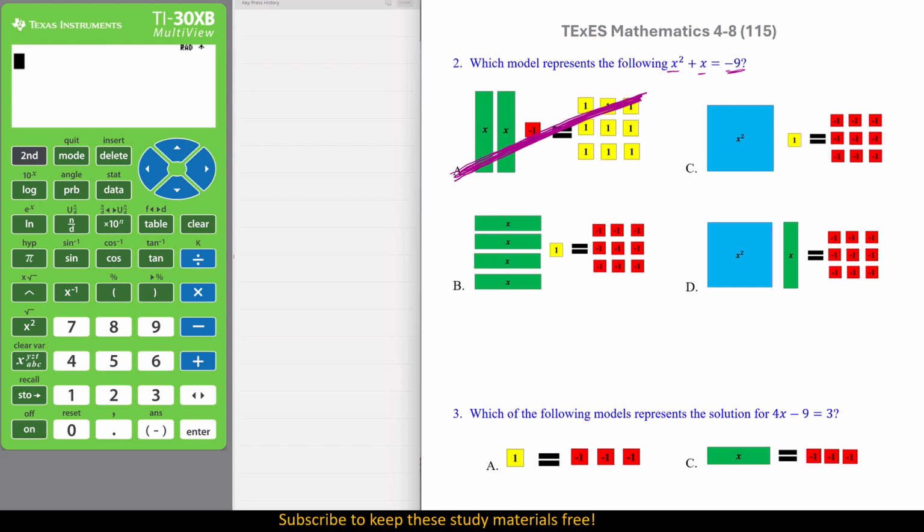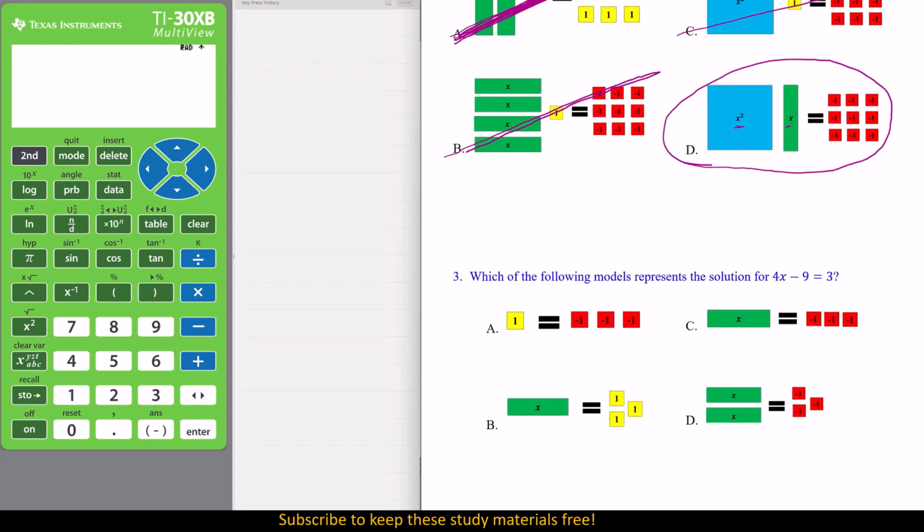There's no constants. So I can get rid of B and C. And what do I have left? I only have D left. And I believe that because here's my x squared, here's my x, and there's my 9 negatives. Right, now let's go to number 3.